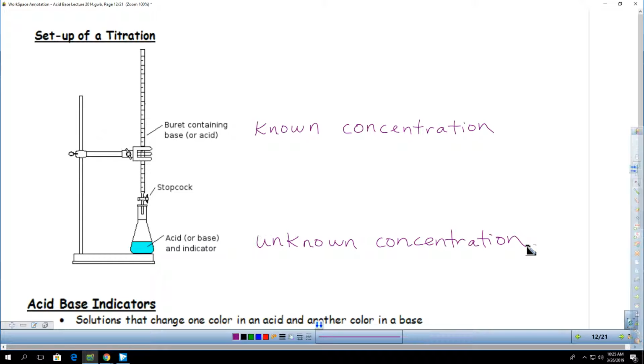There's a little valve on the burette called a stopcock, and that's what we can use to transfer very specific volumes of the known solution into the unknown. In the end, we're going to want to know how much volume it took to reach this equivalence point. That's the point where I had the stoichiometric ratio from the balanced equation, and I stopped the titration. I stopped mixing my acid and base.